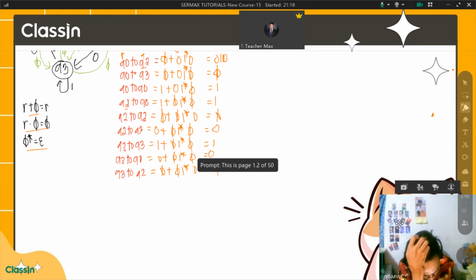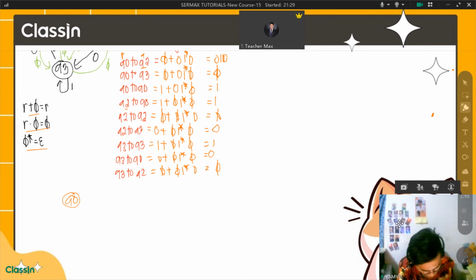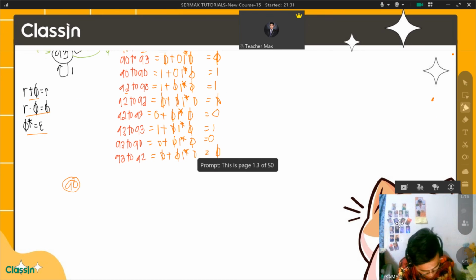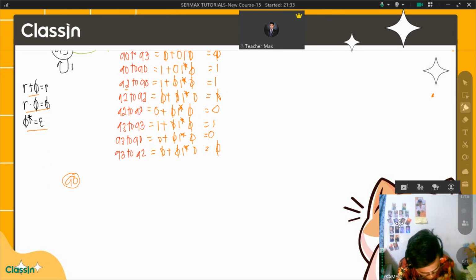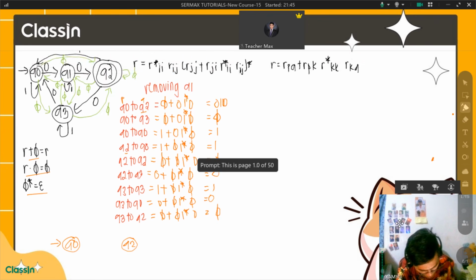We will just try to create a new state, Q0, then Q2. Since we remove Q1, so Q2 and Q3. So our initial state is Q0 and your final state is Q2.